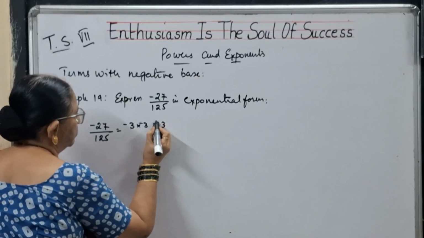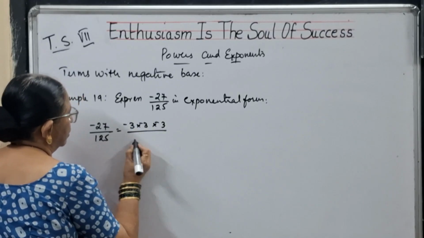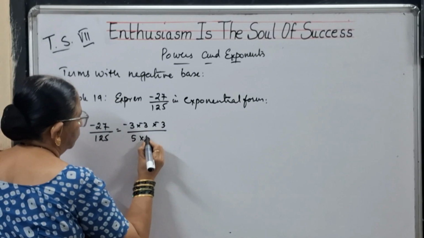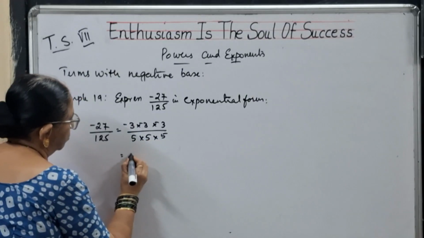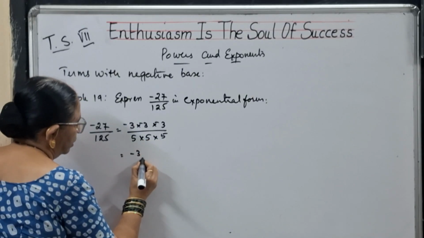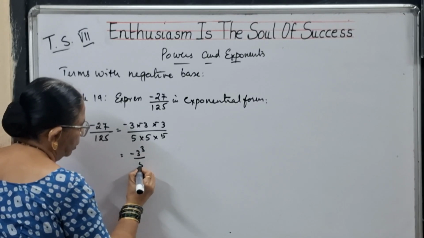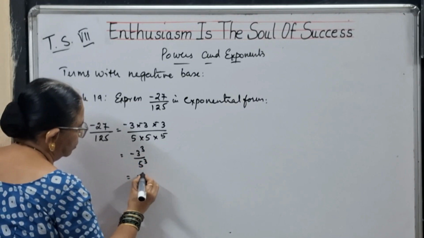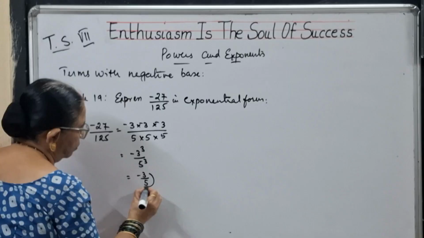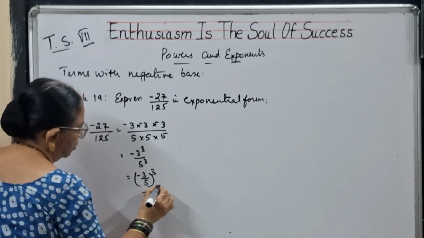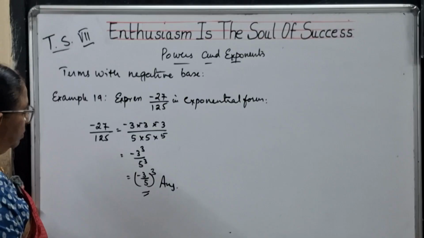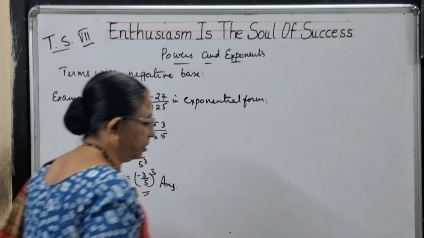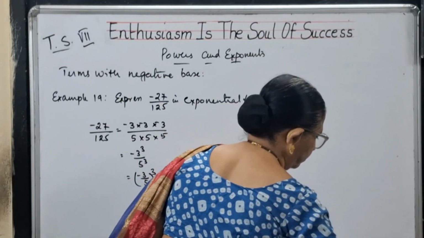Minus into minus plus, plus into minus minus. 125, 5 three times if you multiply. So what are you getting? Minus 3 cube by 5 cube. This means minus 3 by 5 whole cube. This is the answer for this problem, children. Please note it down.